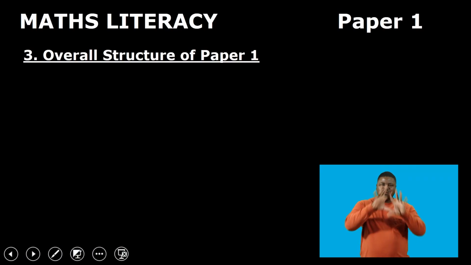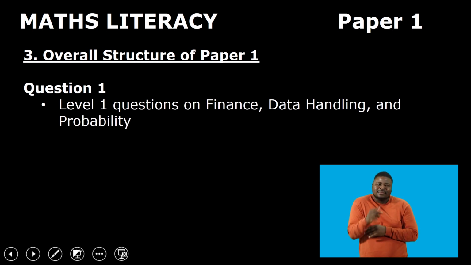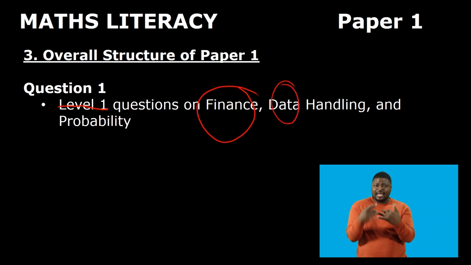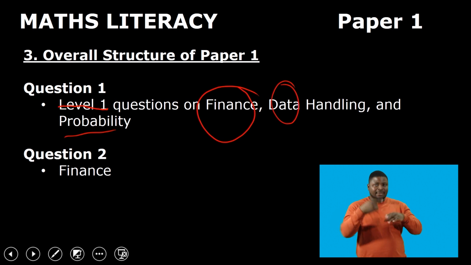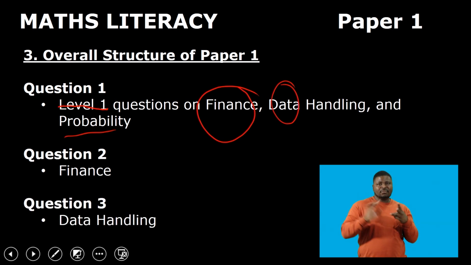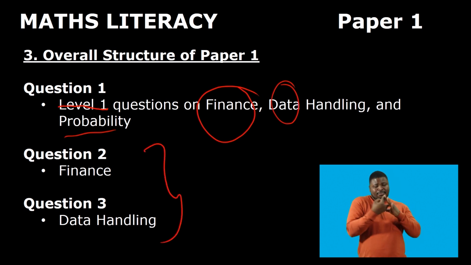What is the overall structure of the paper? Question 1 is level 1 questions on finance, data, and probability. Then question 2 goes to finance. Question 3 is data handling. Those two will be topics on their own.